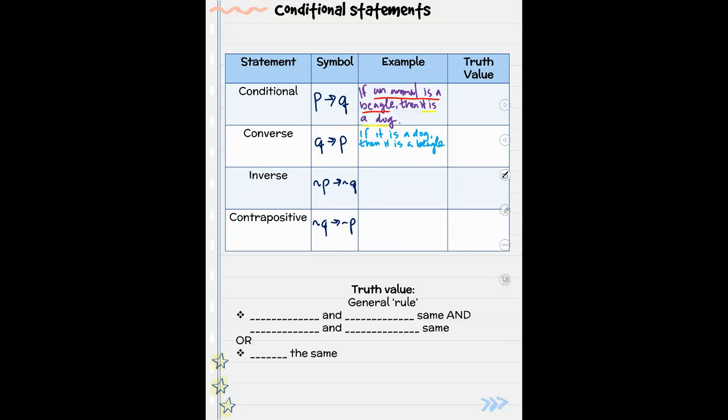Let's write our inverse. So we're keeping the same order as the original. We're just doing the opposite. So if an animal is not a beagle, then it is not a dog.